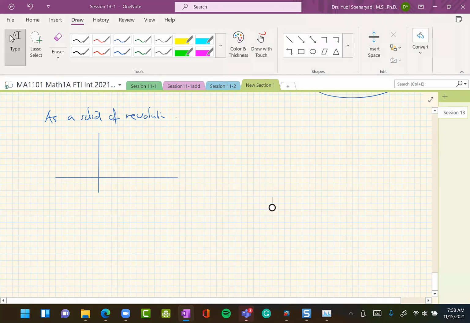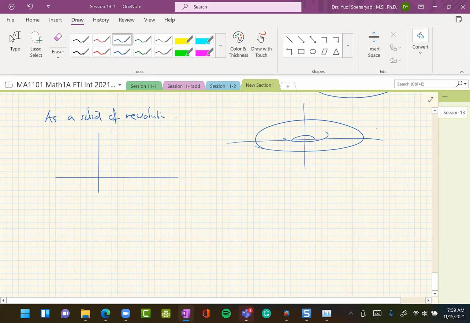Say this is a donut. What you have is this one put at the center of the coordinate. So the important thing is this radius here, the center, and this one here.